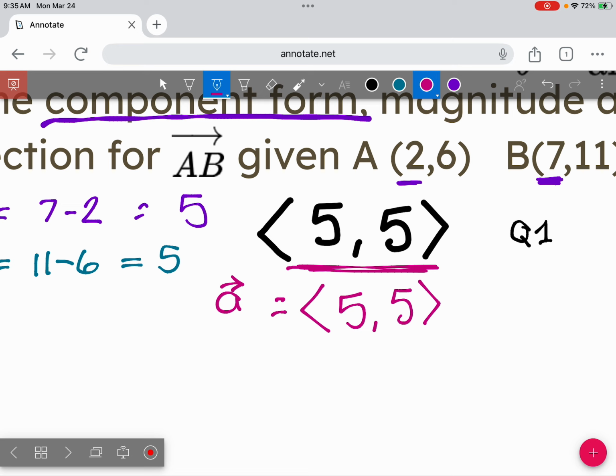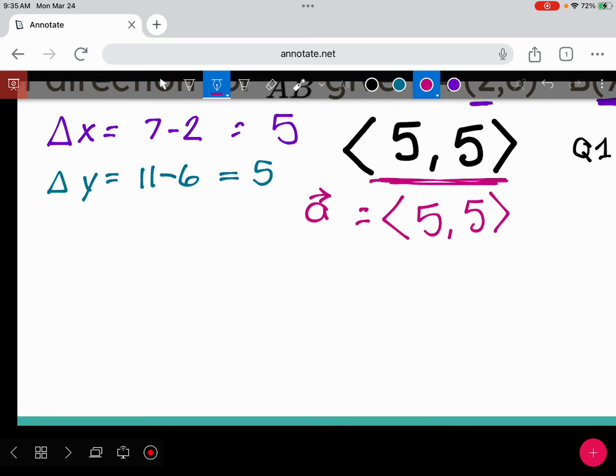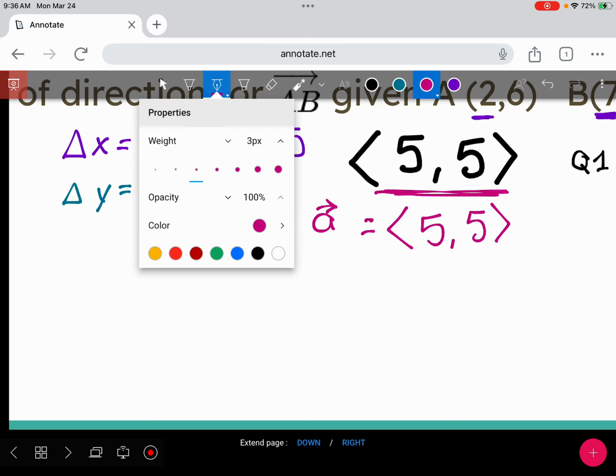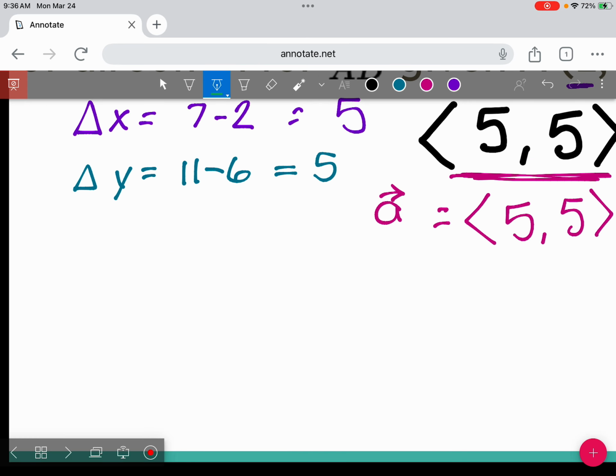We cannot use the individual points. We can use the component form. You can call it V, you can call it A, you can just have it be the vector. Hang on a second. So let's look at our magnitude. The square root of 2.